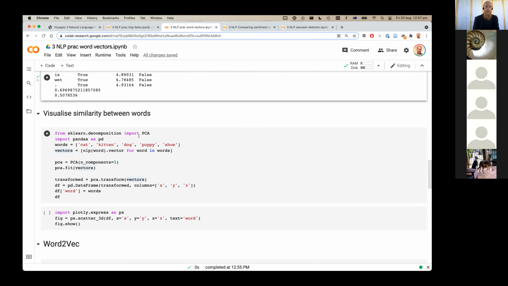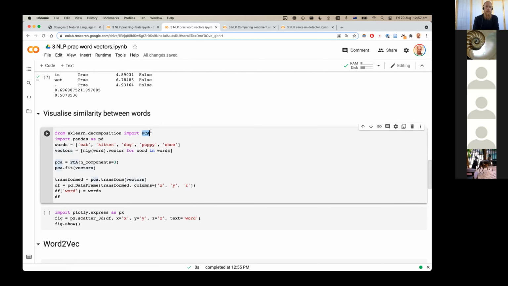So we're going to use this PCA package from the sklearn library, and we'll use pandas as a data frame as a way of representing data in Python quite easily. Here's our input.